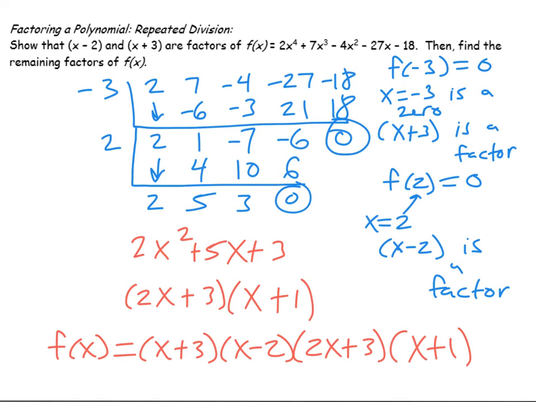It's a 4th degree polynomial, which means it's got 4 factors. By the way, up here, if I wanted to find the last 2 zeros, which is the direction we're headed more in section 4, I could have used these, and I could find the last 2 zeros by setting each of those factors equal to 0 and solving, and found all 4.